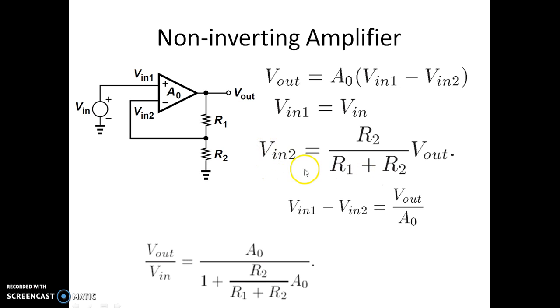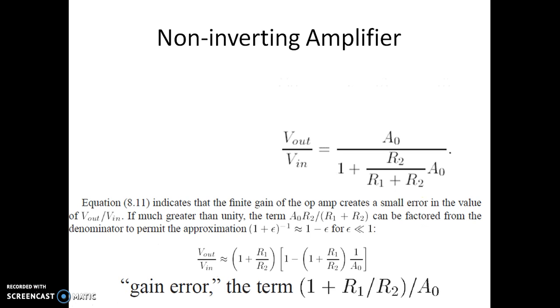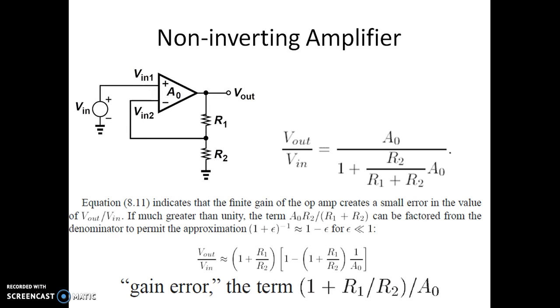Now we know from this expression that V in 1 minus V in 2 is nothing but V out by A naught. This is the circuit diagram, and V in 1 minus V in 2 is nothing but V out by A naught.